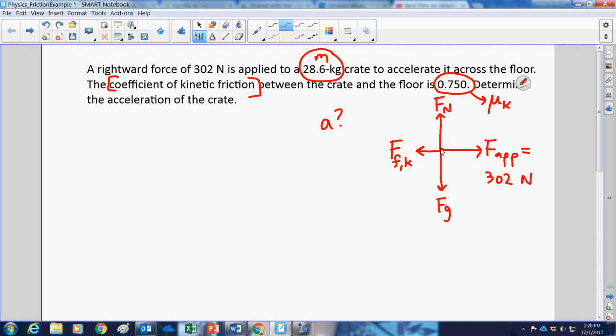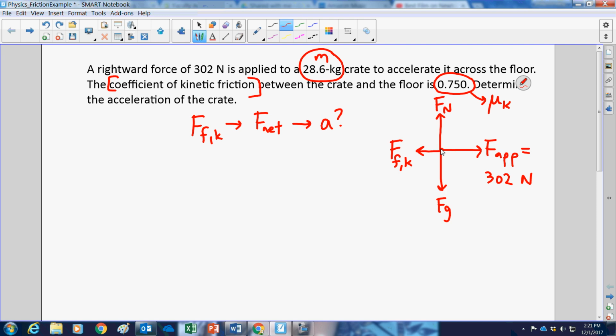So how can I add up all the forces to get the net force? That means I'm going to have to find net force first. And since I don't know all the forces, I'm going to have to find those. For instance, I would like to know the force of friction because I'll have to have that in order to add it with the applied force.